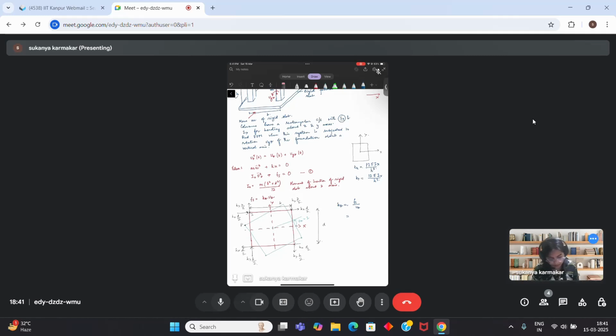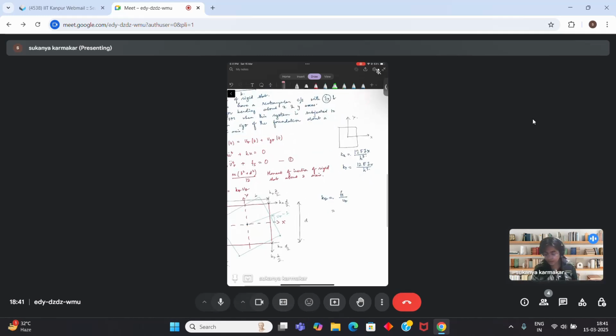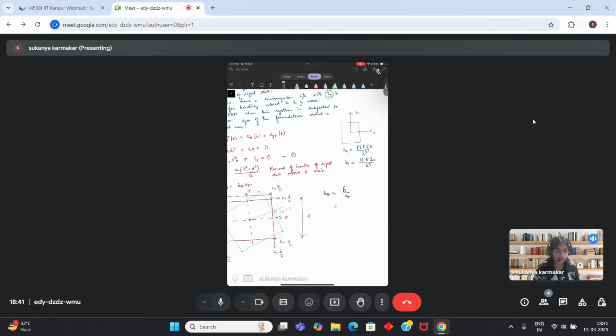So kx d by 2, basically I'm taking the moment about this point. And if I take the moment about this point, rotational stiffness. Okay, let's proceed with this and I'll explain this point later.